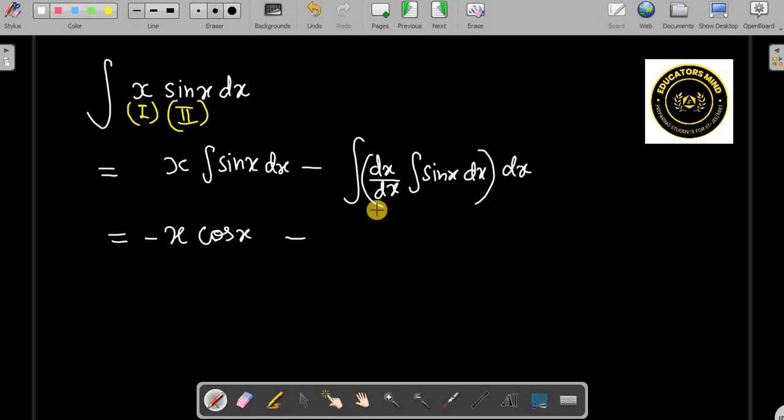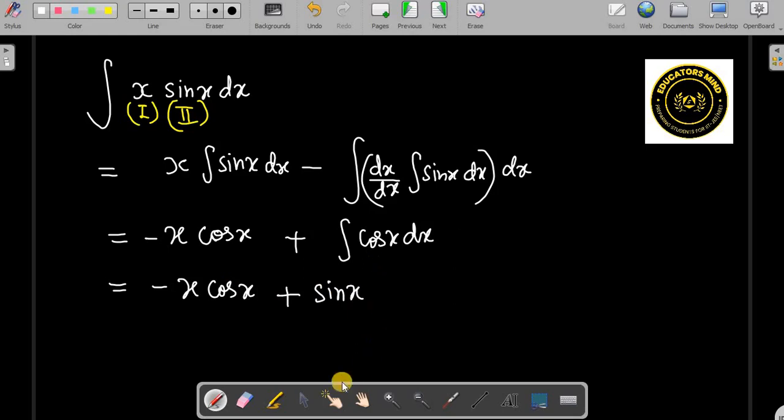Minus, dx integration is 1. Sine x integration is again minus cos x, so minus will become cos x, so it will become cos x dx. And then cos x integration will become sin x. So x cos x plus sin x. This is how you have to do that. This is the answer. Okay.